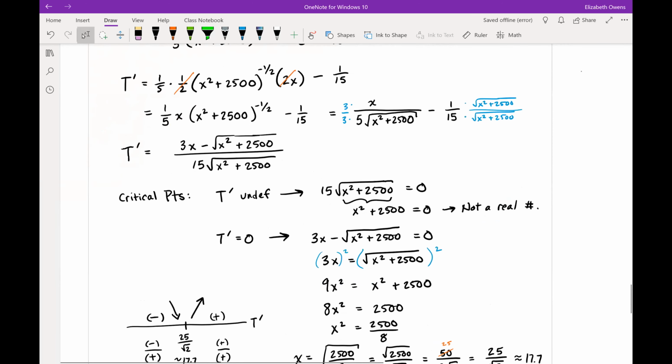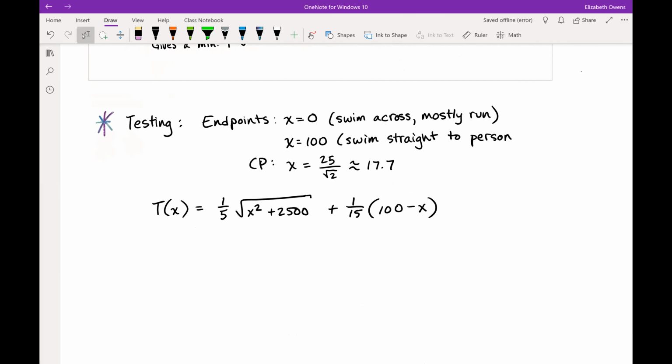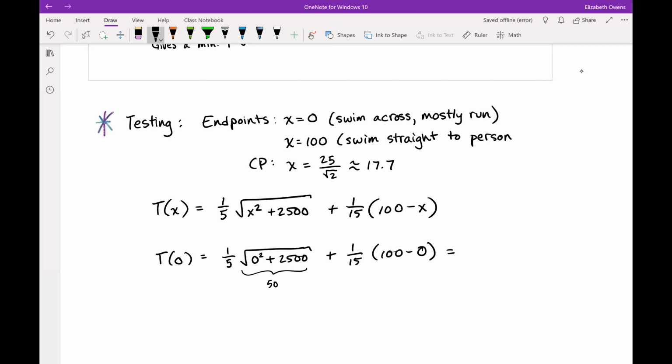Okay, good. So let's test t of 0. 1/5 square root of 0 squared plus 2500, plus 1/15 of 100 minus 0. Square root of 2500 here is 50.